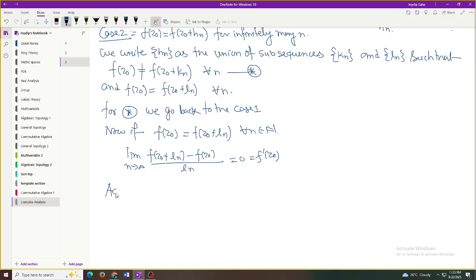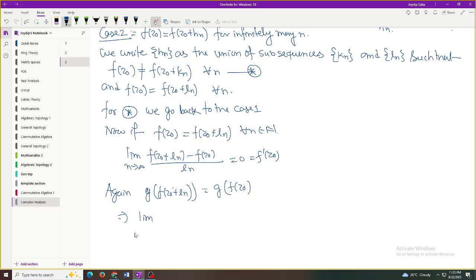Again, if f(z0) equals f(z0 plus ln), apply g on both sides, so we have g of f(z0 plus ln) equals g of f(z0).